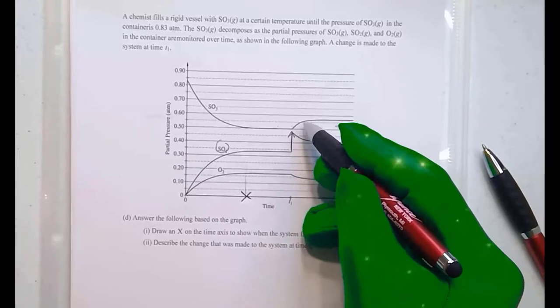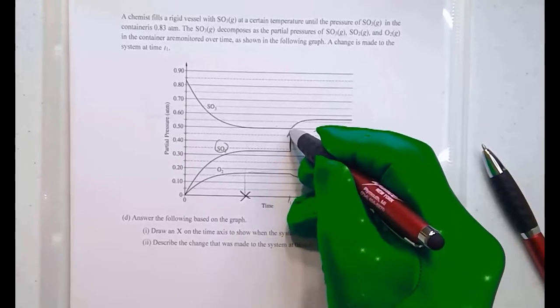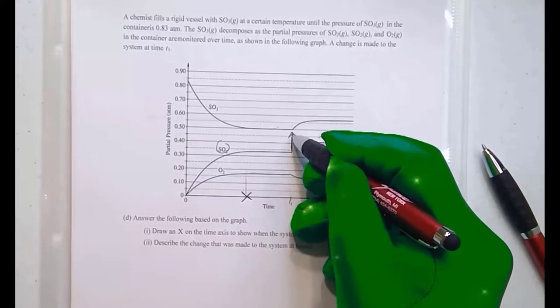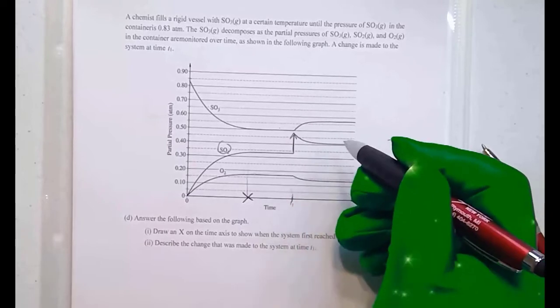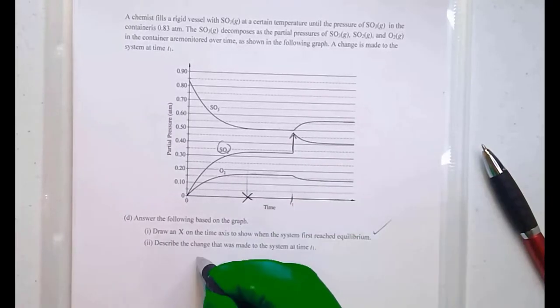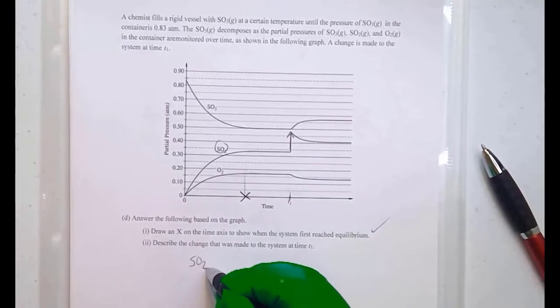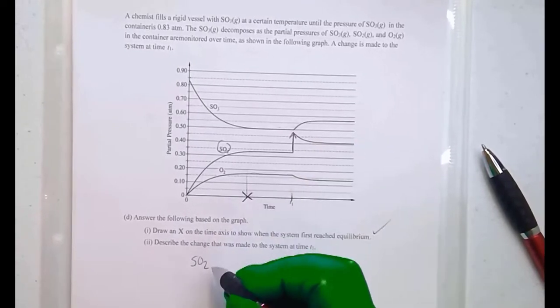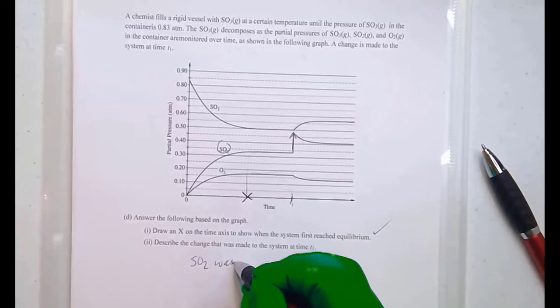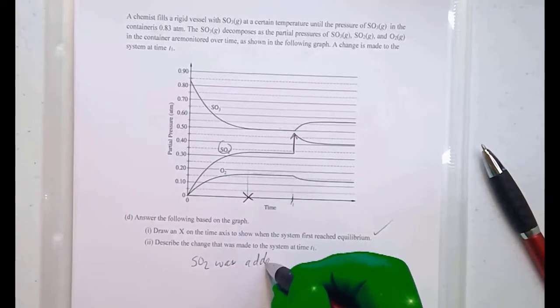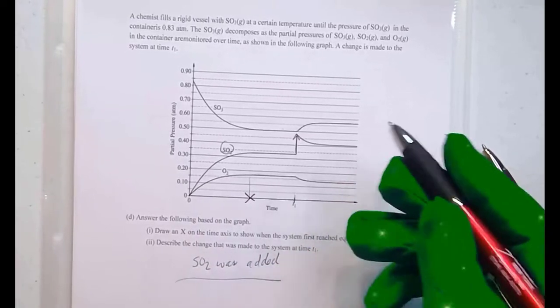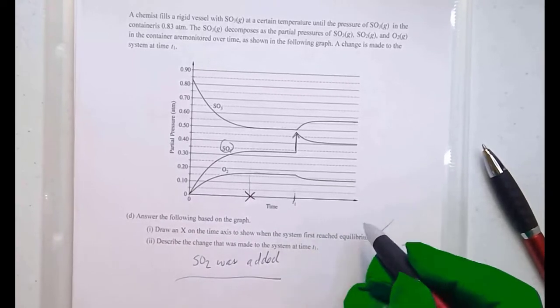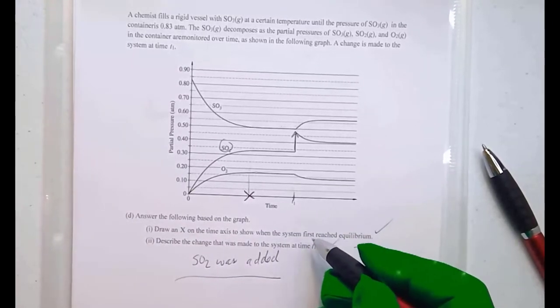And these things gradually adjusted afterwards. The only thing that's changing right here at T1 is SO2. The only way we could have an increase is if SO2 was added. I don't think you even need to be a chemistry student to figure that out. It's just a matter of looking at the graph. Okay, that's taken care of.